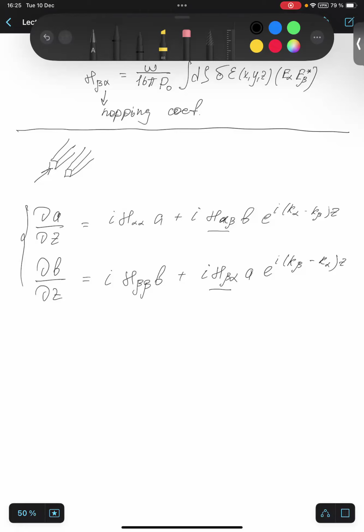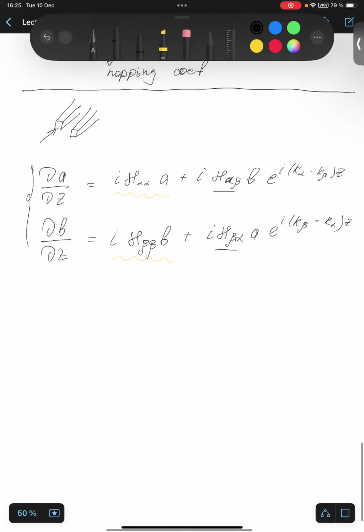So let's solve it. And first, we must say that we want to neglect the diagonal components of our matrix. So what can we say?